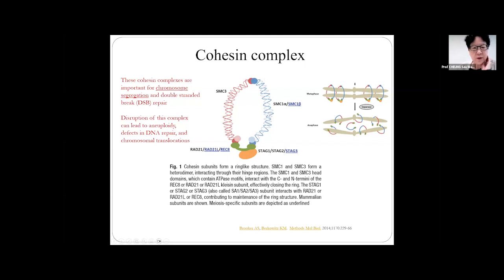This is known because when these genes are defective, they have different abnormalities. This cohesin complex wraps around the chromosome, and it only loosens when they get ready to divide. The disruption of this complex can lead to aneuploidy, defects in DNA repair, and chromosome translocations.